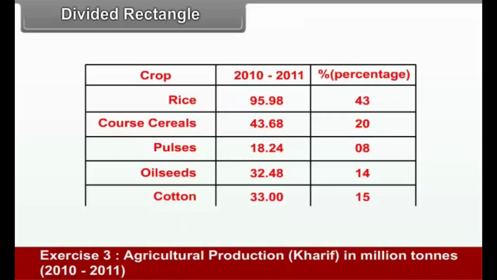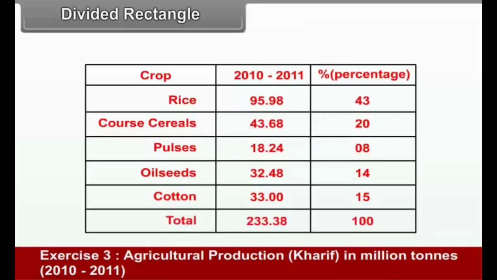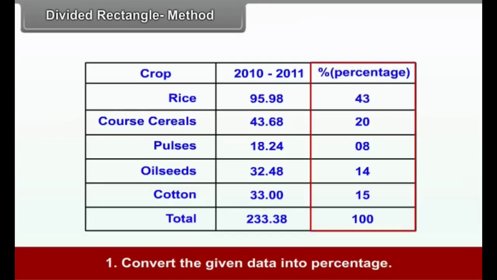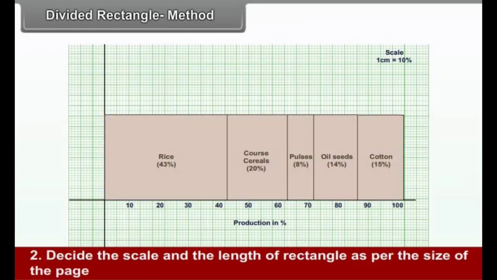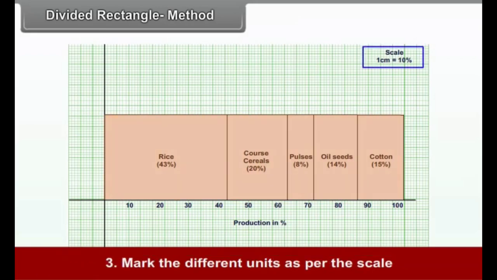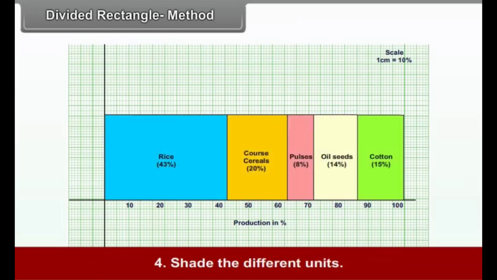Cotton, 33, 15%. Total, 223.38, that is 100%. Method: convert the given data into percentage. Decide the scale and the length of rectangle as per the size of the page. Mark the different units as per the scale. Shade the different units.